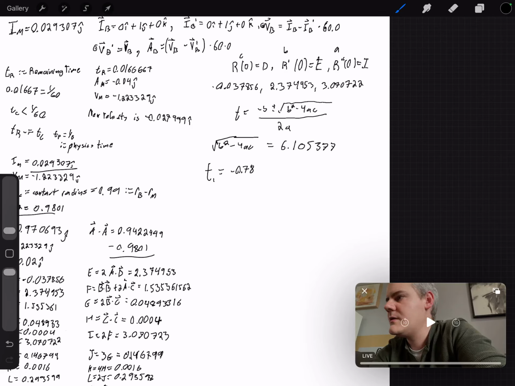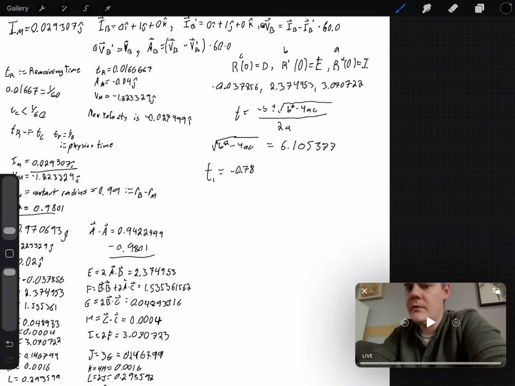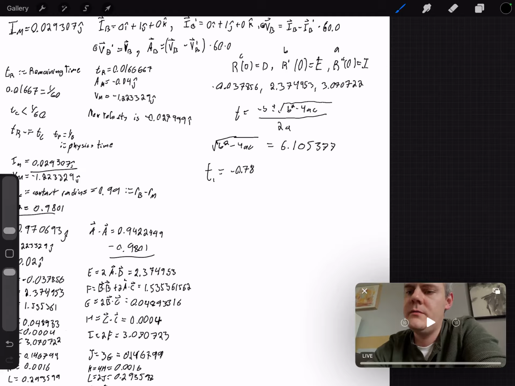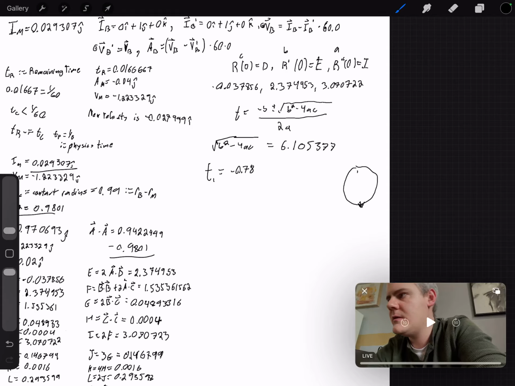So what is the meaning of this? Why would this have a positive and a negative root? Right, because I'm in a situation where the ball, and I hope the positive root is much smaller. It is, good. So in just a very short amount of time in the future, I'm going to intersect this downward edge, this downward face.